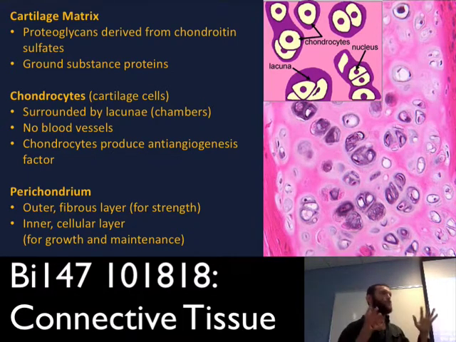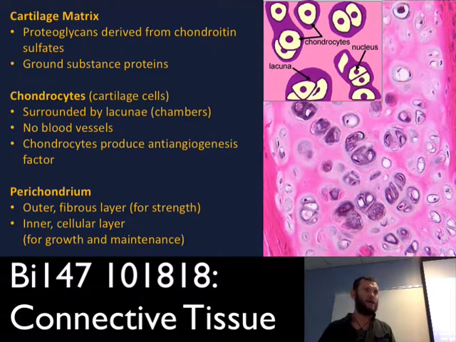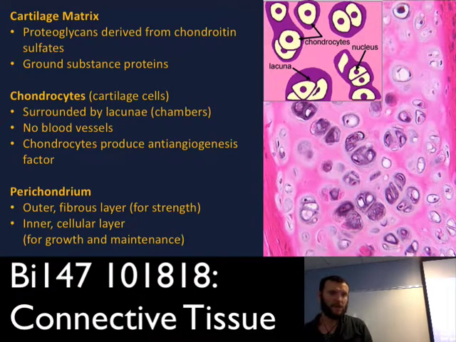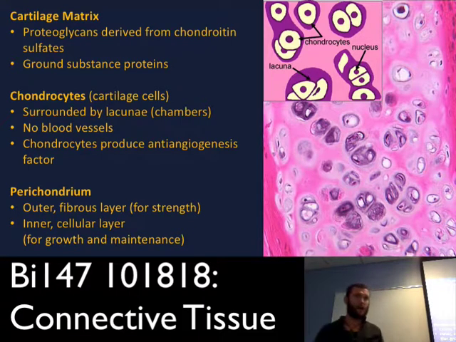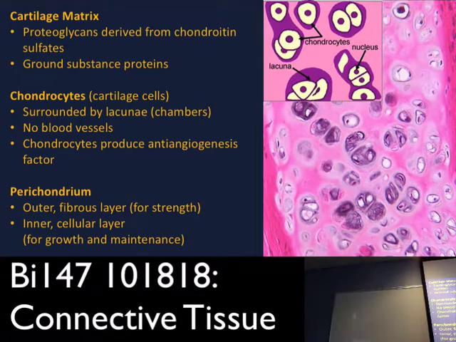Well, chondro is the prefix that means cartilage, and we already know what cyte means. So a chondrocyte is simply a cartilage cell. And you may guess that there are chondroblasts, and in fact, in this picture here, this would be it.